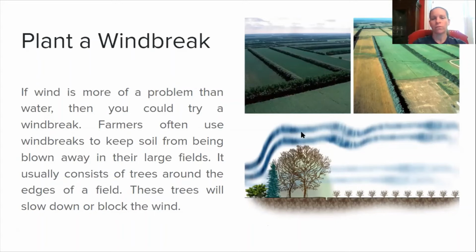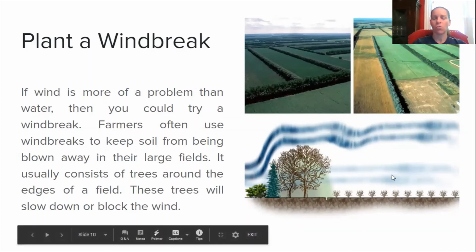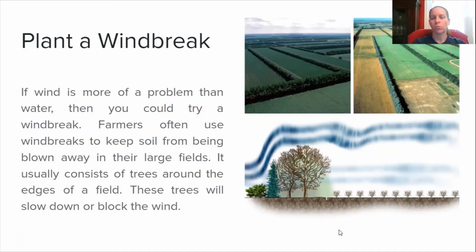So the majority of the wind force is going to be up here higher, and it's going to protect this lower level where we have our crops and our soil. Especially when a farm might be between crops and you might have more exposed soil, it's going to be really important to have that windbreak so that the wind can't just come along and blow away any dry soil that is exposed to the elements.